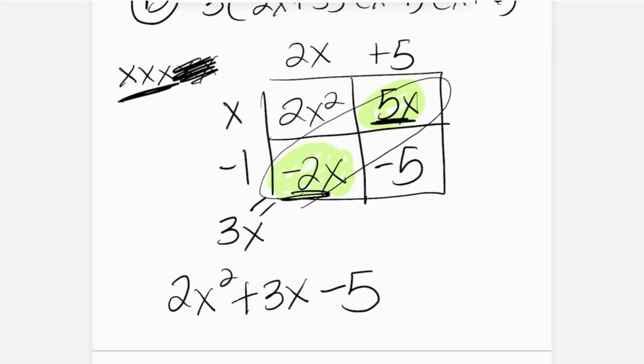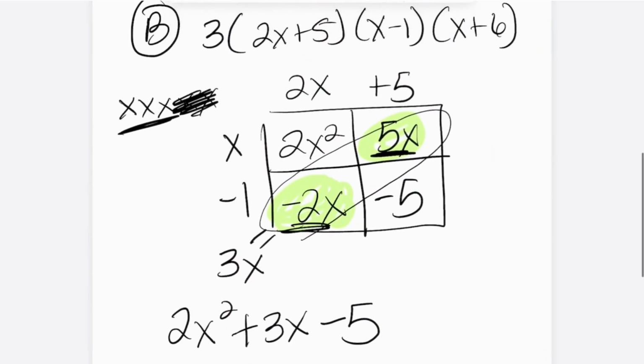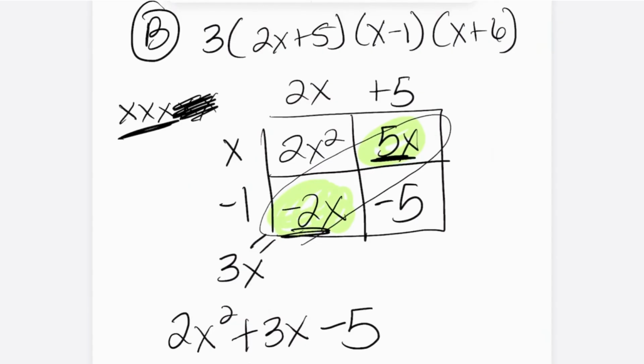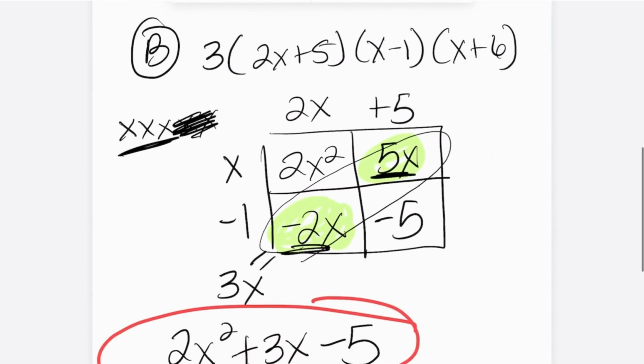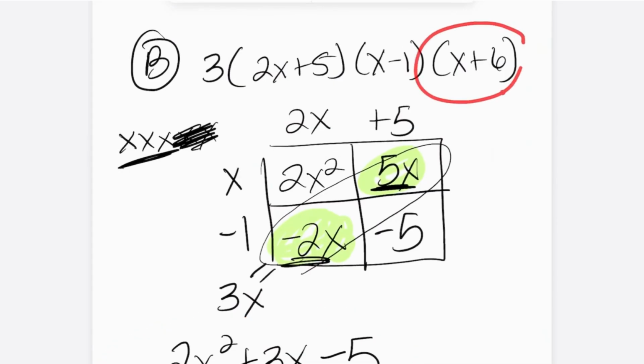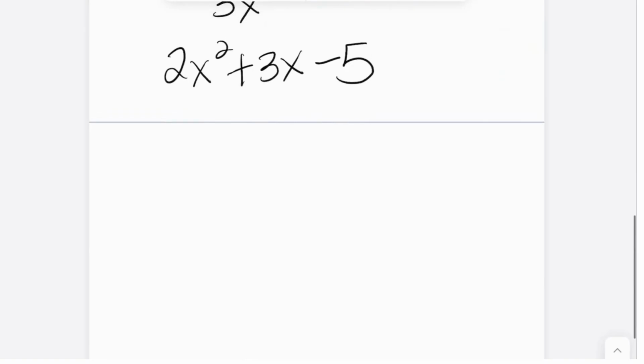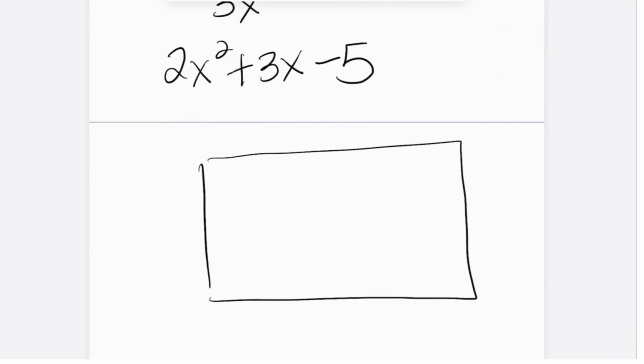Step 2, second Punnett square. So now we're going to go ahead and multiply 2x squared plus 3x minus 5 with x plus 6. Let's go ahead and do our second Punnett square here. But this time we're going to have 3 columns going across, but we're still going to have 2 rows.